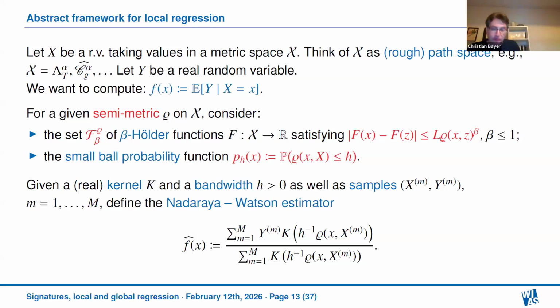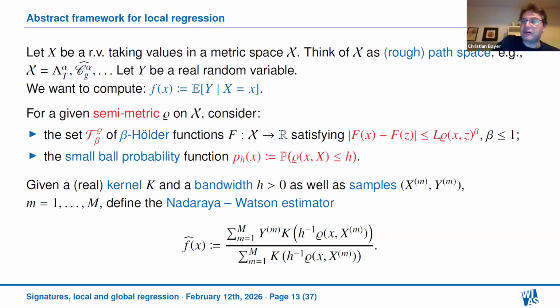And if we want to do this kind of analysis, there are two important and somewhat counteracting properties that one has to keep in mind. The first one is the function that we want to approximate. The smoother, the more regular the function, the easier it is to compute such an approximation.